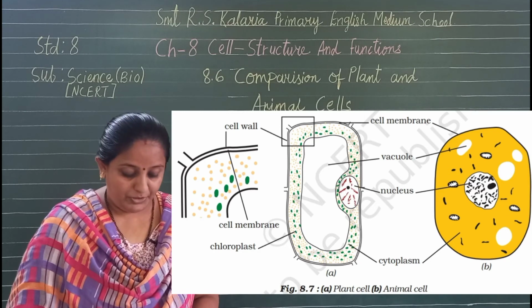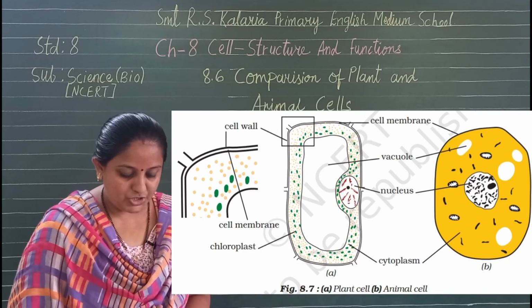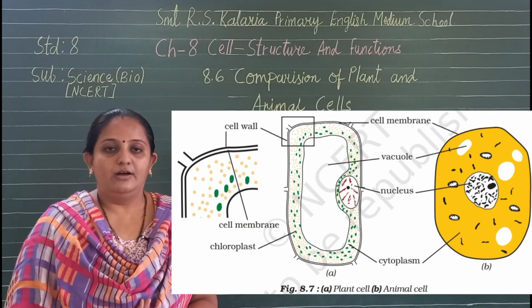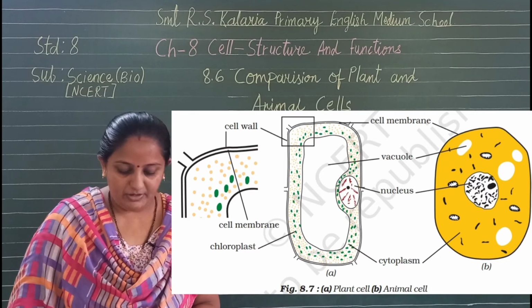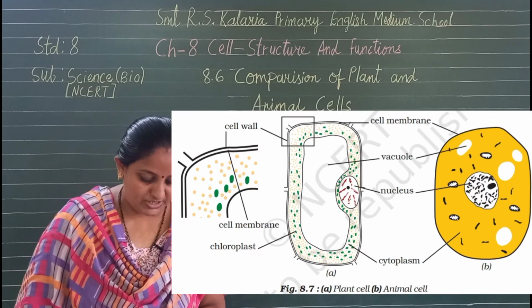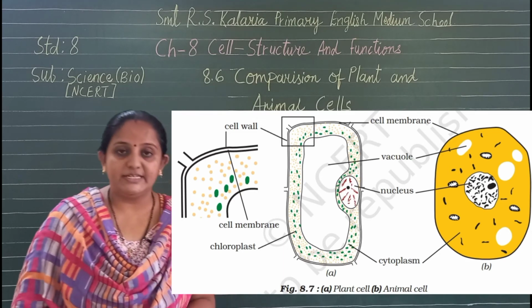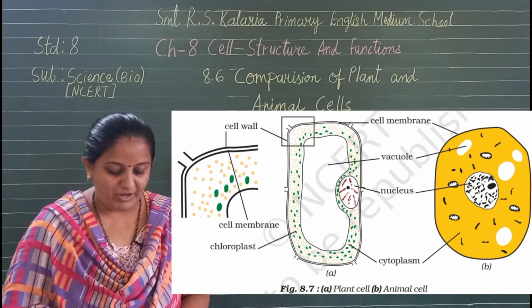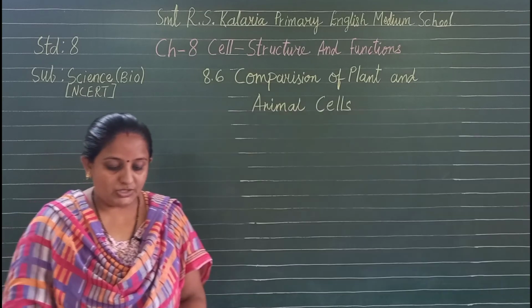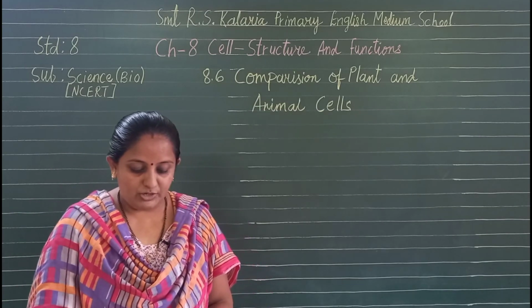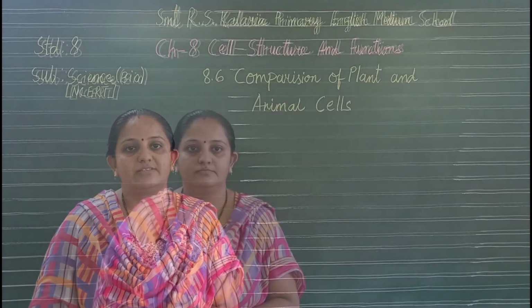From Table 8.1, the comparison of plant and animal cell, you can simply compare and fill in the data: nucleus, nuclear membrane, cytoplasm are present in both, plastids present only in plant cells, vacuole present in both. So this is about the comparison of plant cells and animal cells.